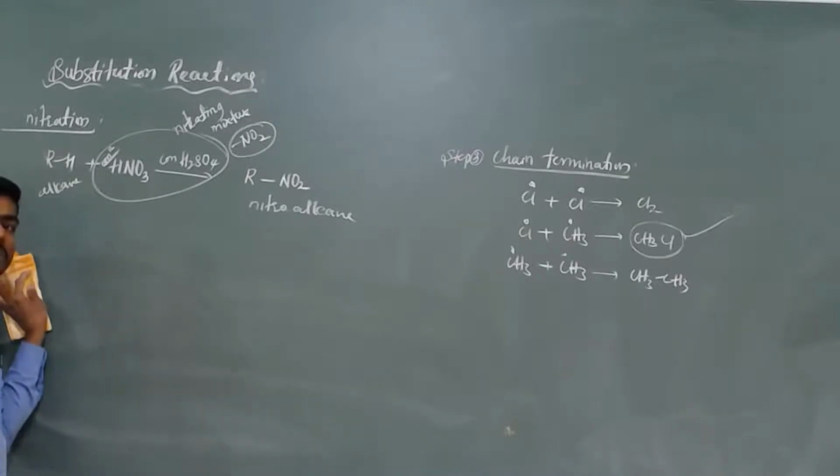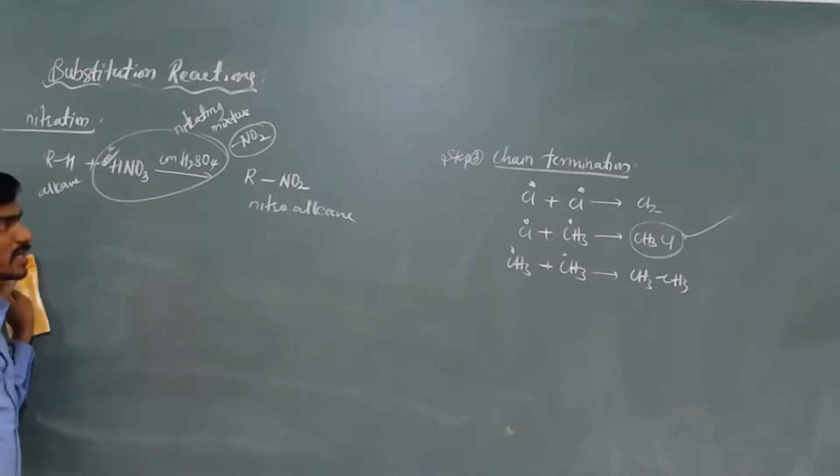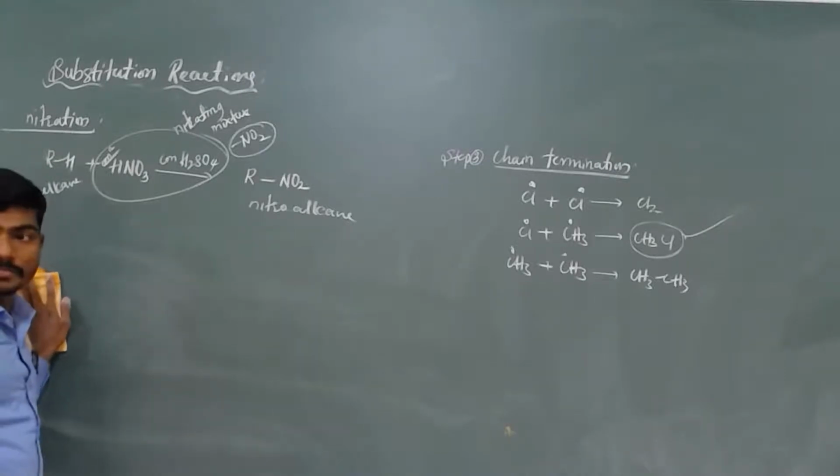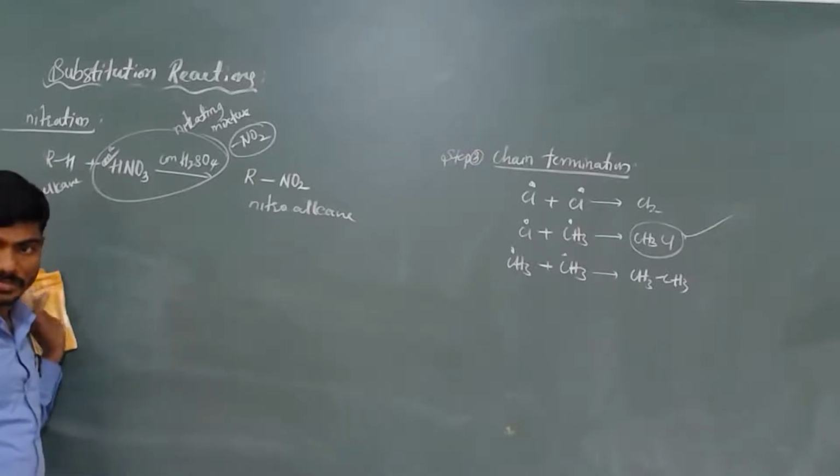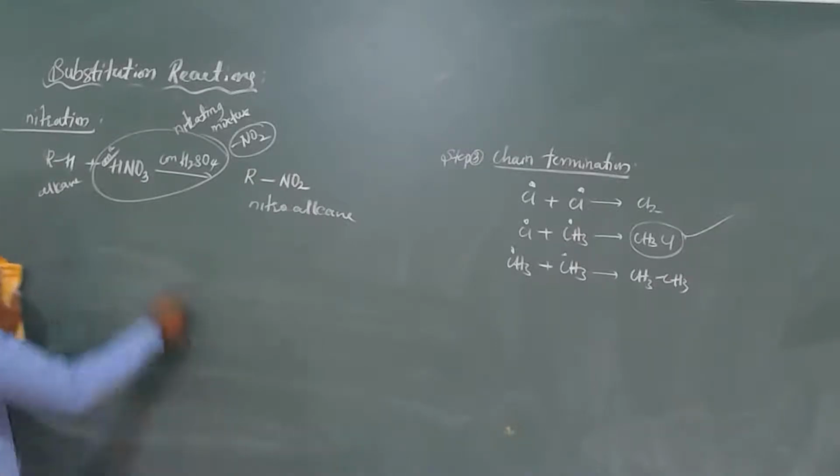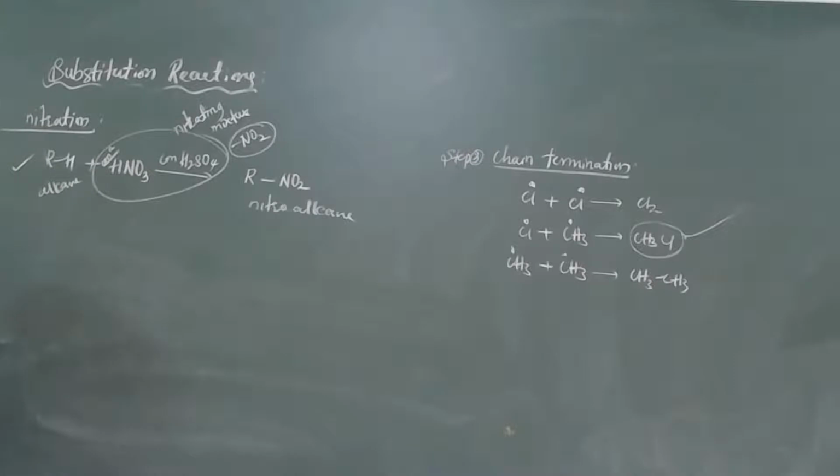Preferably this reaction is favorable in the vapor phase. Vapor phase reactions are very fast. In ordinary conditions the reaction is not feasible, but in the vapor phase, or gaseous phase, that means high temperature, the reaction is feasible.